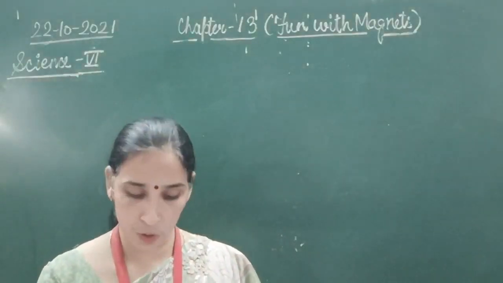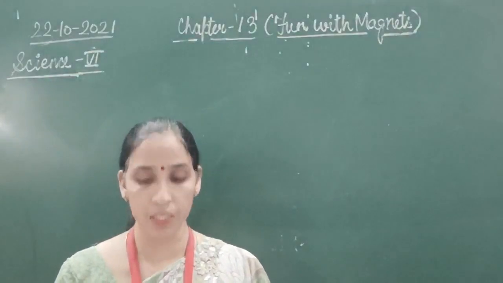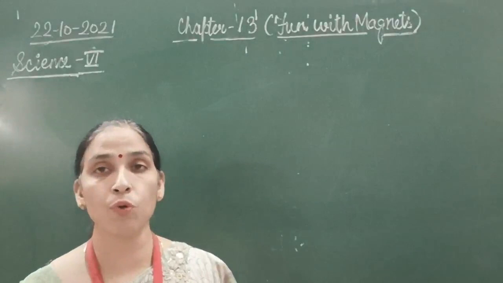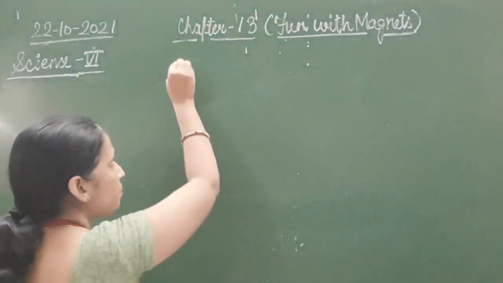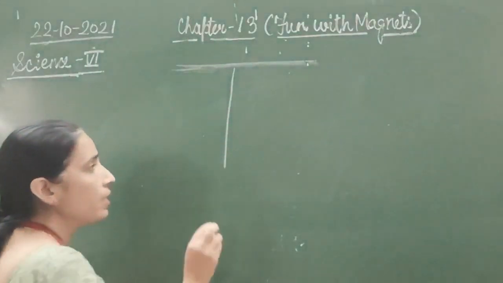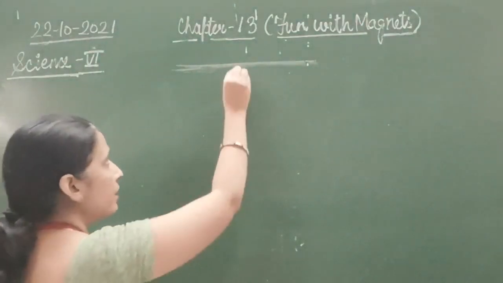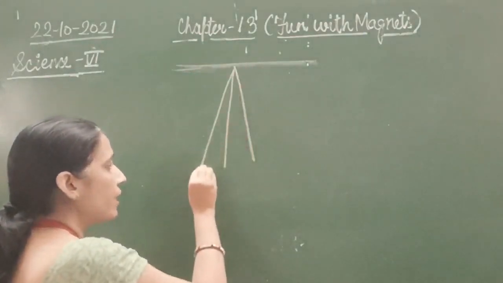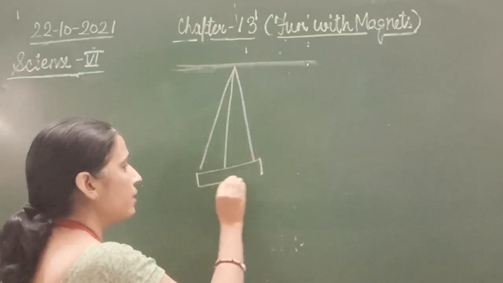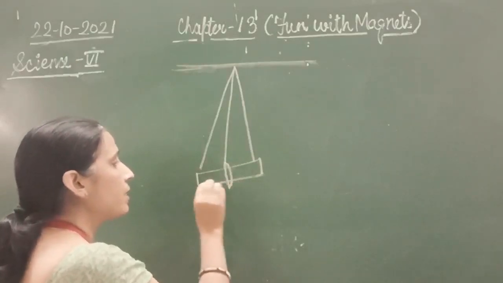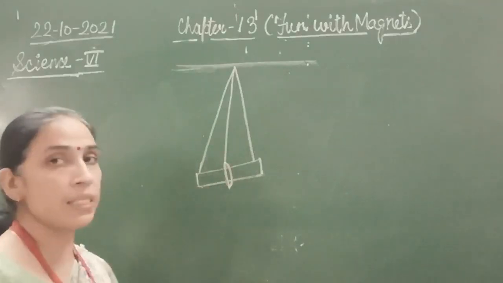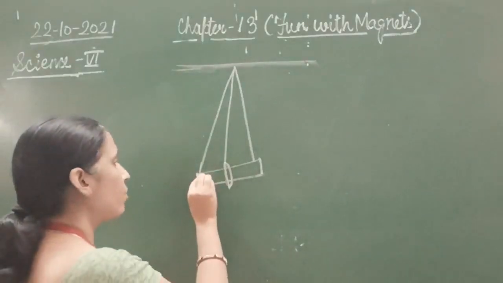The next topic we have done is the properties of magnets. Take a freely suspended magnet: if I tie a magnet with a piece of thread and leave it to rotate, what I will find is that it always comes to rest in the north direction.